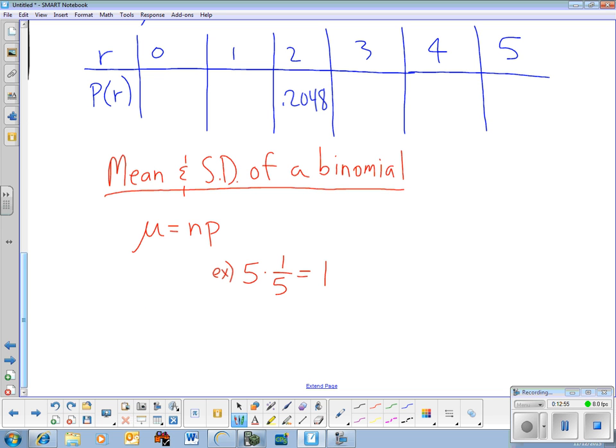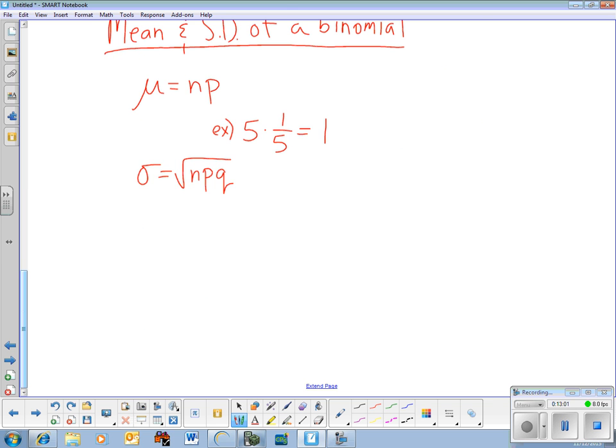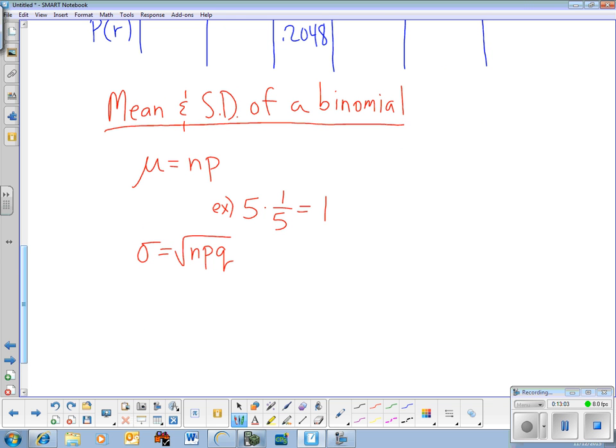Standard deviation, square root of NPQ. As always, it doesn't have quite the real world significance, but it's still easy to use. The standard deviation of the number of questions correct will be the square root of 5 times 1/5 times 4/5. I don't have a calculator handy, so I don't know what that is, but type that in if it makes you happy.